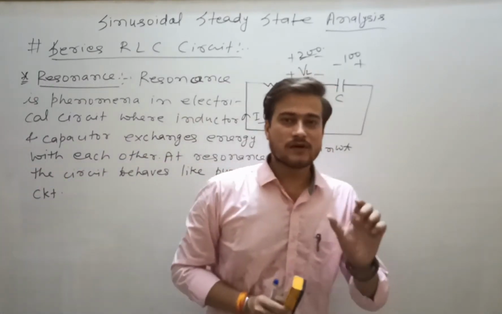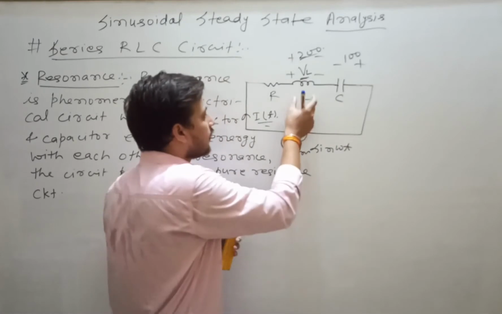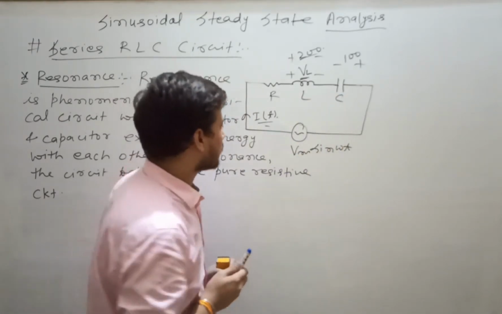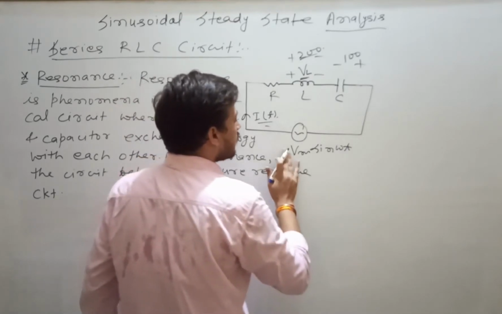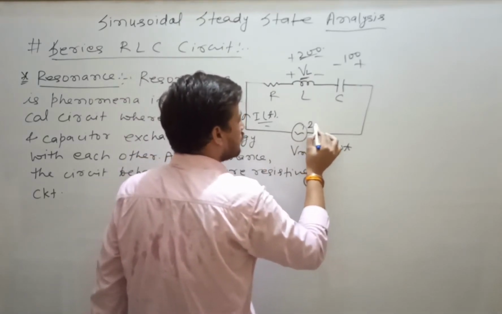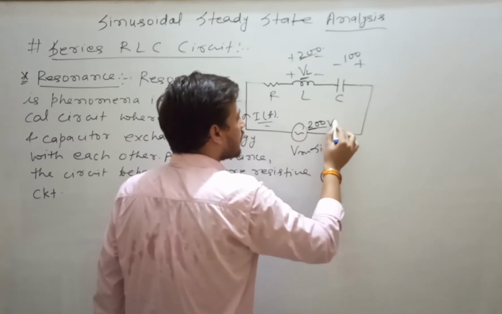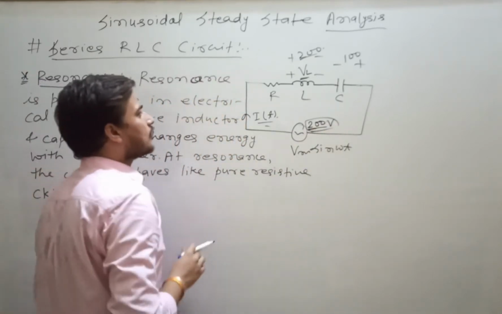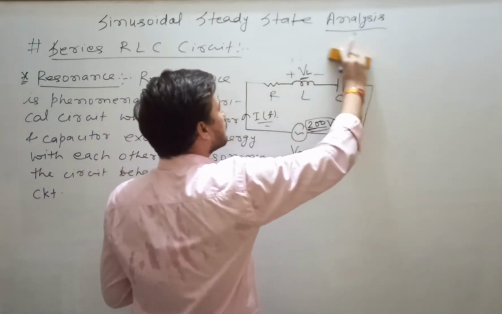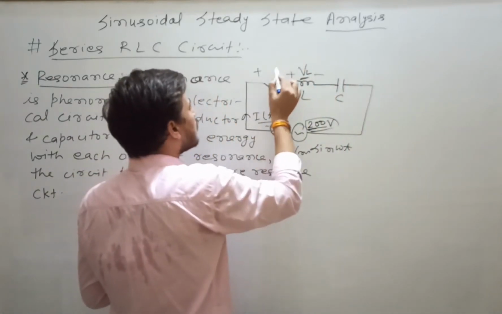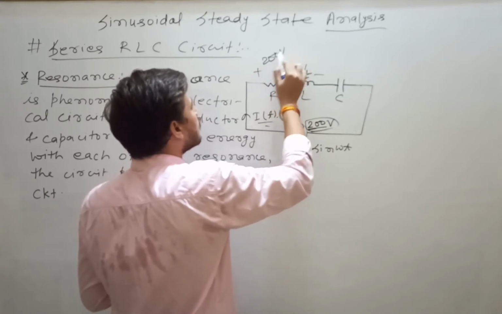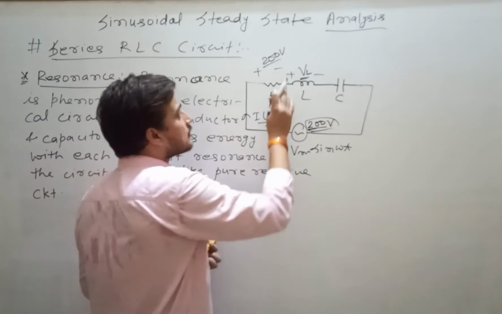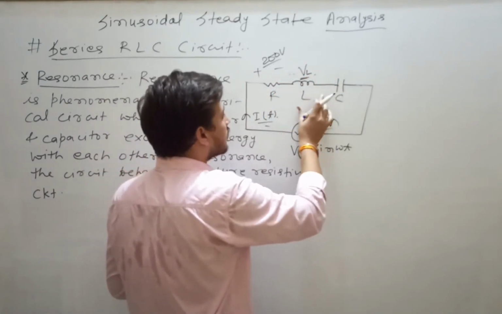Now they are saying resonance is a phenomenon where inductor and capacitor exchange energy with each other. That means, suppose you are giving a voltage RMS value of 200 volt. If you are applying a 200 volt AC supply, the whole 200 volt will appear across the resistor, and there will be voltages across the inductor and capacitor.